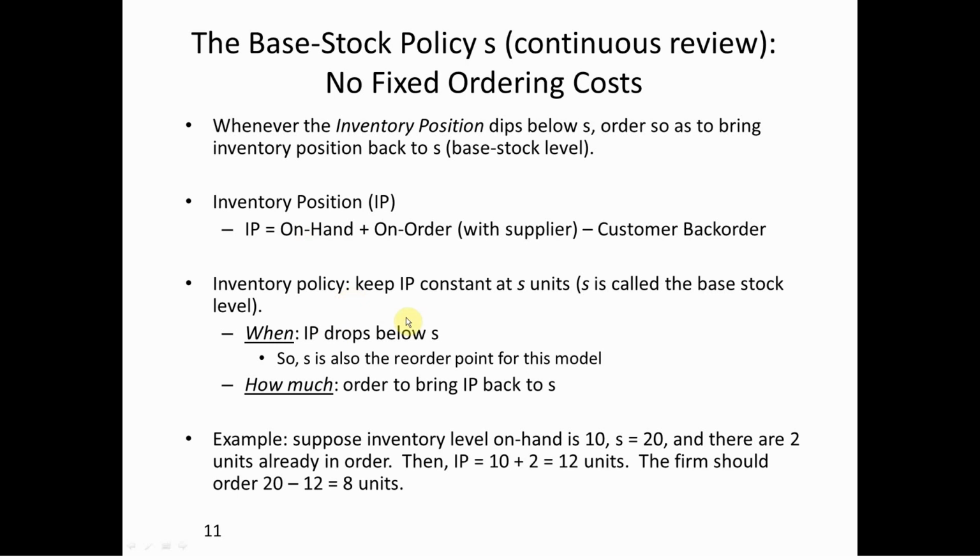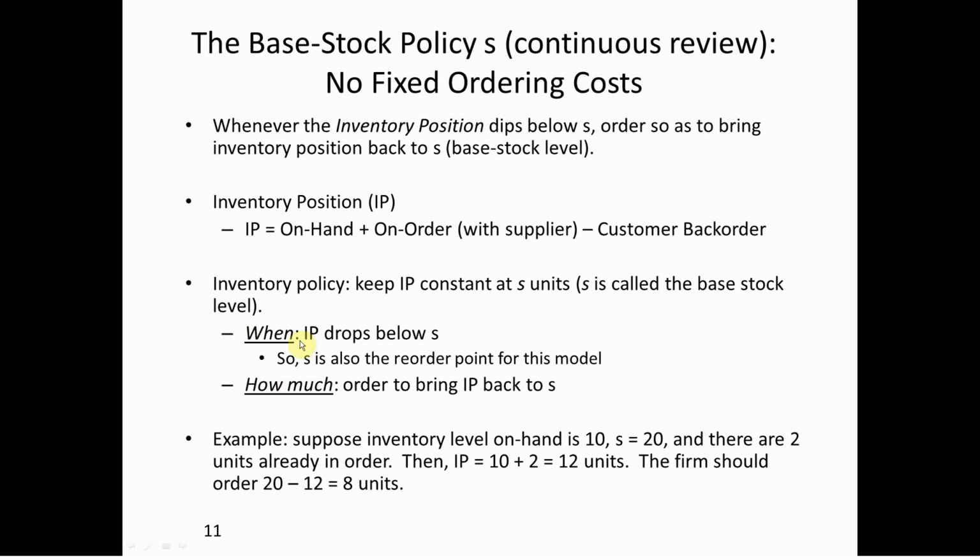The policy is to keep IP constant at S units. In other words, we want our inventory position to always be the base stock level S. And again, we calculate the base stock level S in such a way that it's the amount that we need to keep on hand to make sure that we don't stock out over the lead time, or to be economically efficient over that lead time.